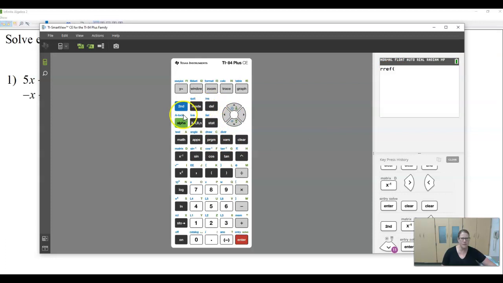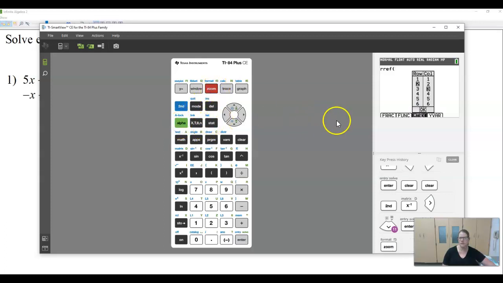So the way we do that is we're going to hit F3 up here and see how it's green. So we need to hit the green alpha and then the middle key zoom, and that will give us this little row column thing here. It's a matrix. So we need to tell it how many rows our matrix has and how many columns our matrix has. The number of rows is the number of equations that we have.